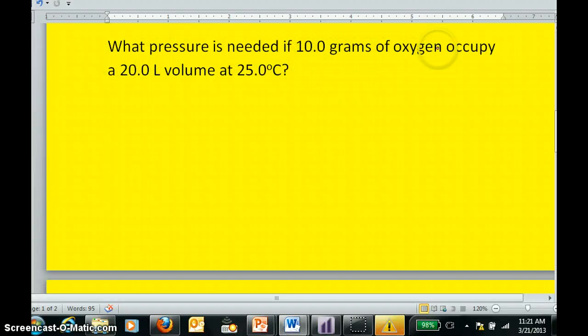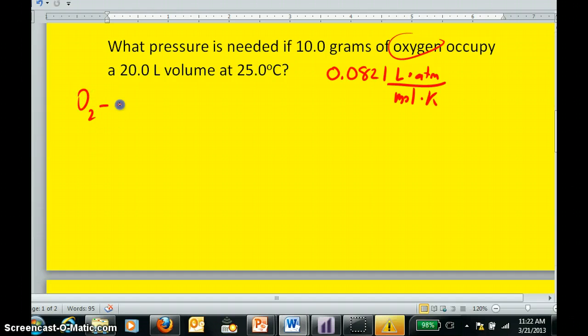As a second example of a use of the ideal gas law, I read this problem here, which gives me a mass of oxygen and a volume and a temperature of the gas. Now, right away, because it's a gas, I'm going to write down the one thing in life that's constant, that there are 0.0821 liter atmospheres of gas per every mole Kelvin of gas. And since it's oxygen, O2, I've really another piece of information.